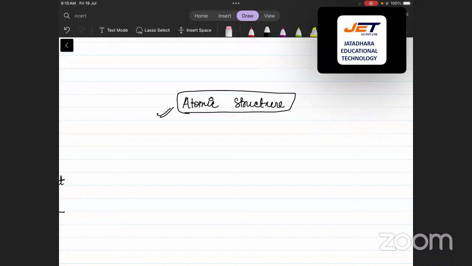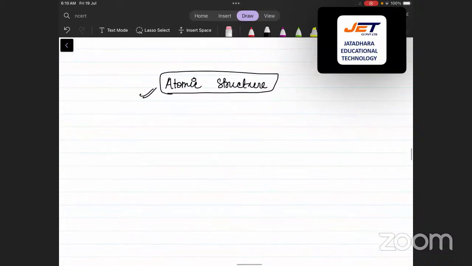So yes, I want to know, have you read this chapter before, so that we can start in that way? If you haven't read it at all, then our approach will be different. Otherwise, if you have read this or know the basics of this chapter, then we will continue with the topic that we left in the last session.